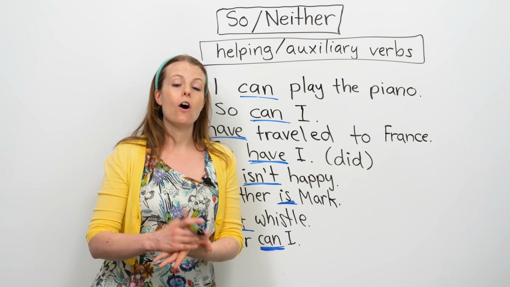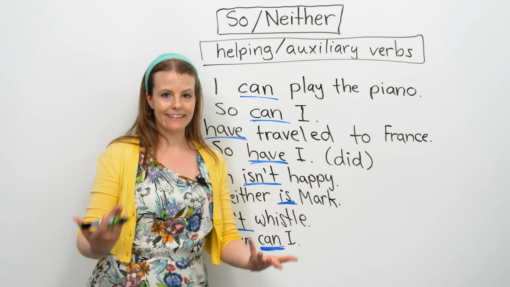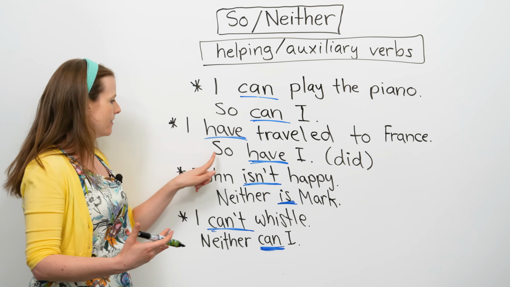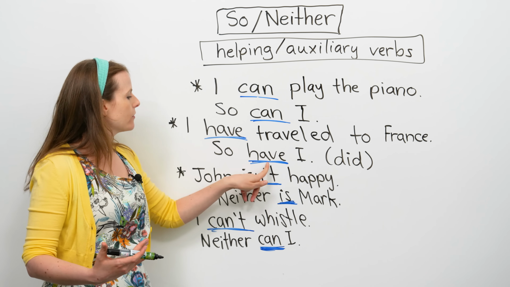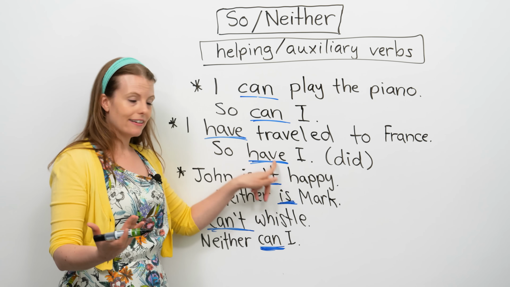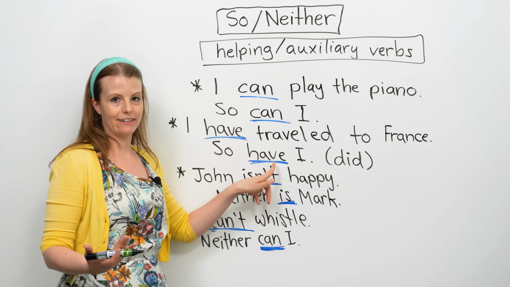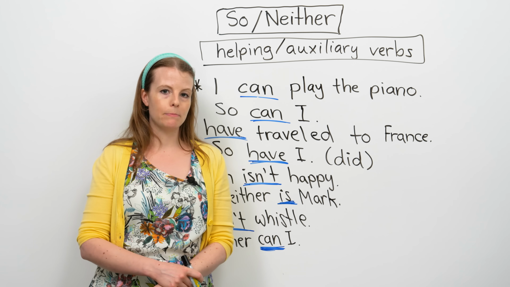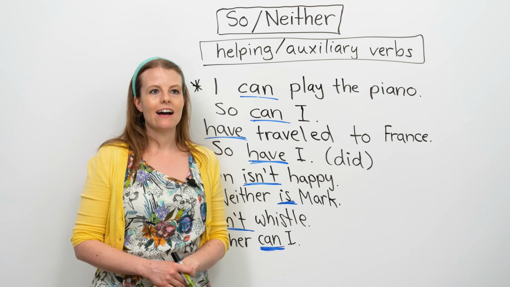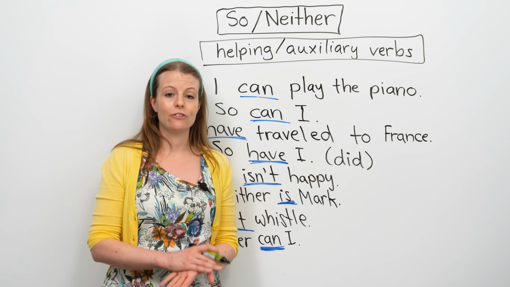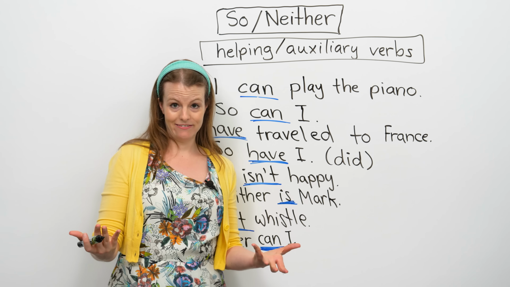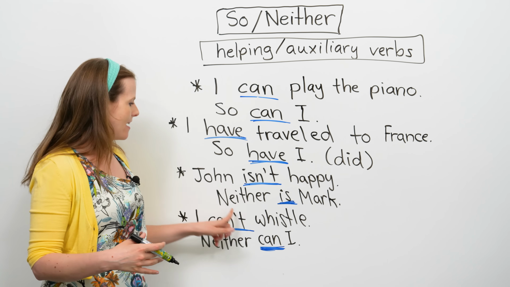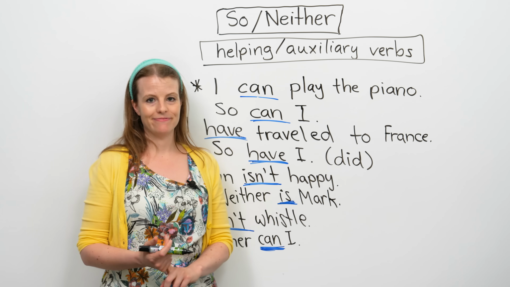If you have also traveled to France and you want to say this, you can say, so have I. So the verb here is the same as the helping verb here. I have eaten spaghetti, so have I. And it goes with the negative too. I have never been to Antarctica. You can say, neither have I. Okay?